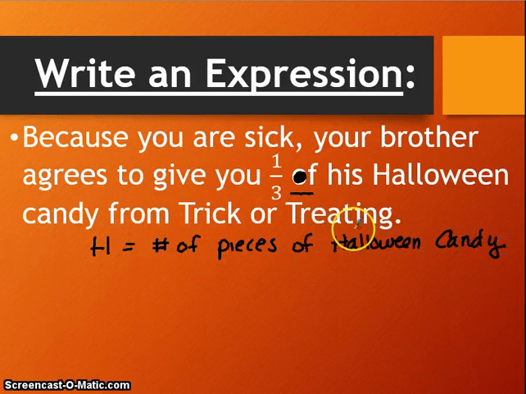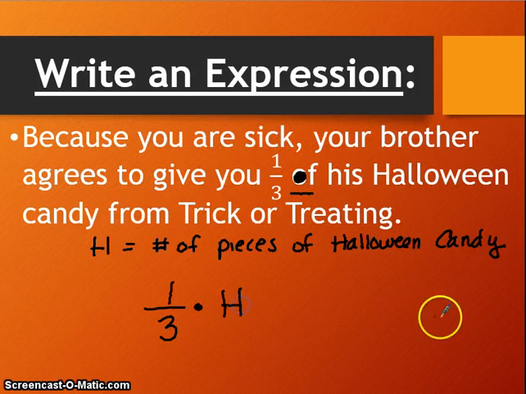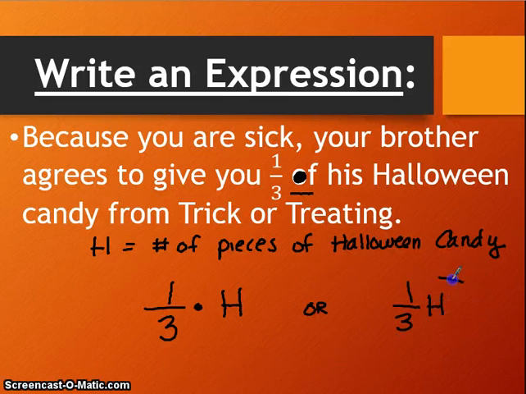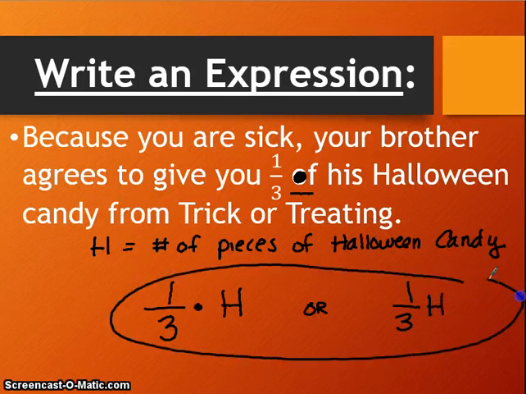So we know that your brother is going to give you 1/3 of his Halloween candy. So whatever he gets, you're going to get 1/3 of, which means to multiply by the number of pieces that he has. Or you could write it without the multiplication sign, 1/3 H. Either of them is a good way of representing that situation algebraically.